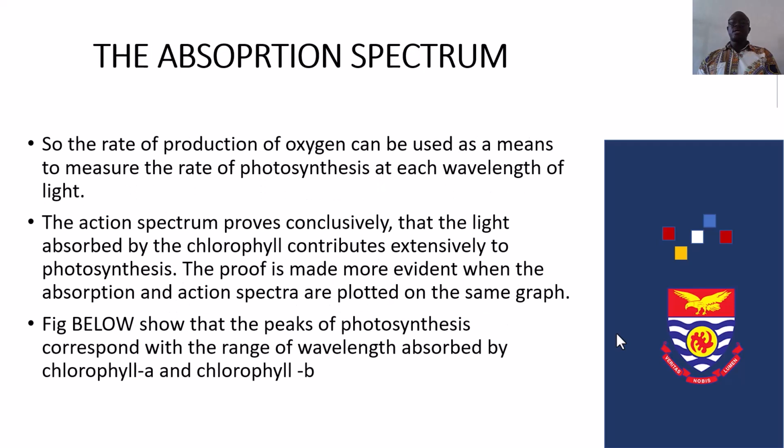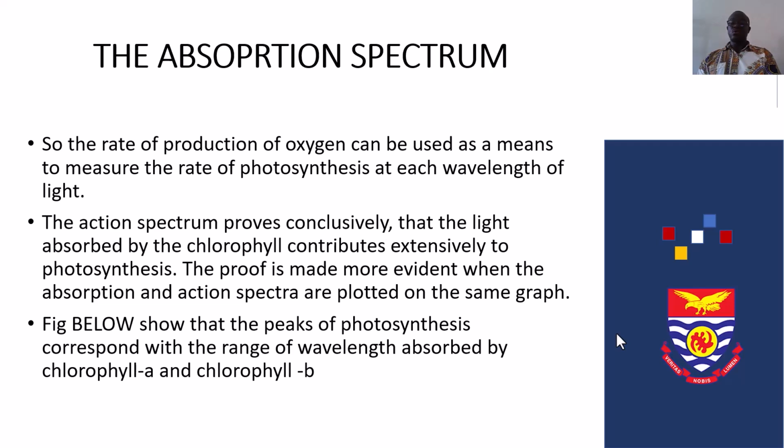So the rate of production of oxygen can be used as a means to measure the rate of photosynthesis at each wavelength of light. The action spectrum proves conclusively that the light absorbed by the chlorophyll contributes extensively to photosynthesis. The proof is made more evident when the absorption and action spectra are plotted on the same graph.